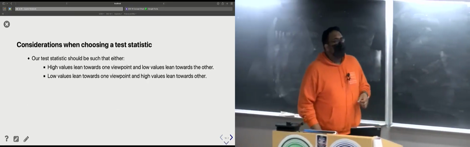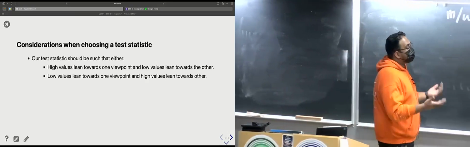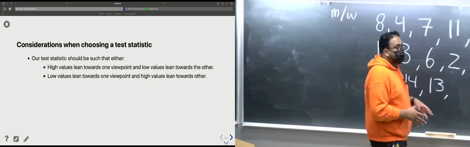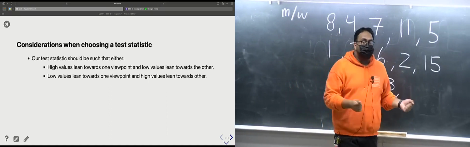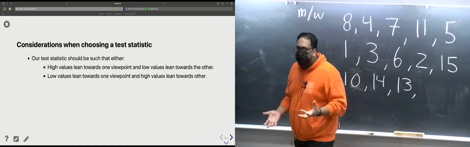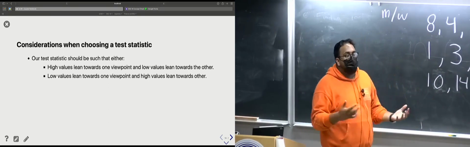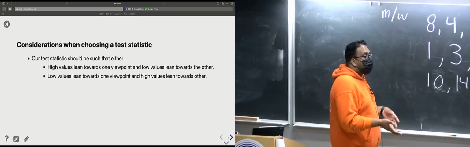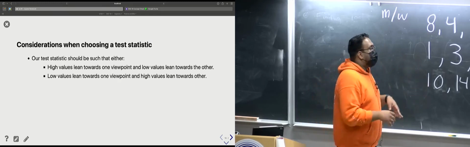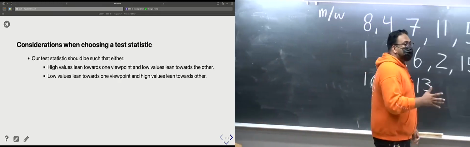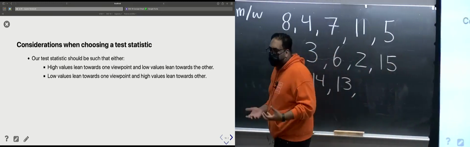One of the guiding principles we introduced last time was that we want to choose test statistics where large values point to one hypothesis and small values point to the other. It doesn't matter if large is null and small is alternative, or large is alternative and small is null. But we want our test statistic to be such that if it's big, it points to one hypothesis, and if it's small, it points to the other.